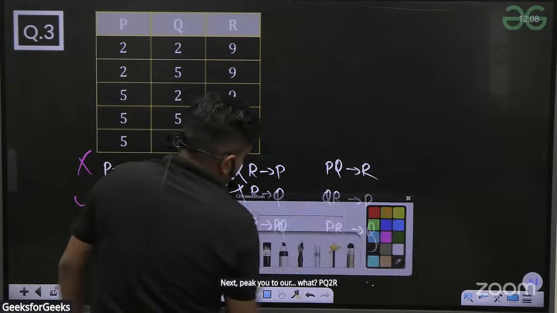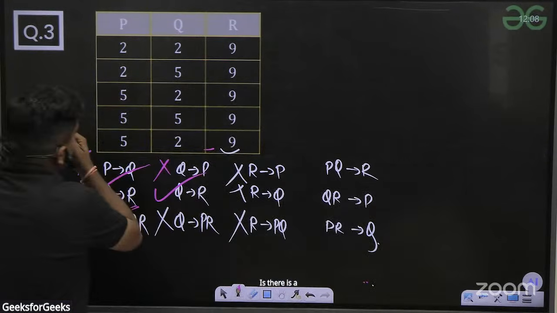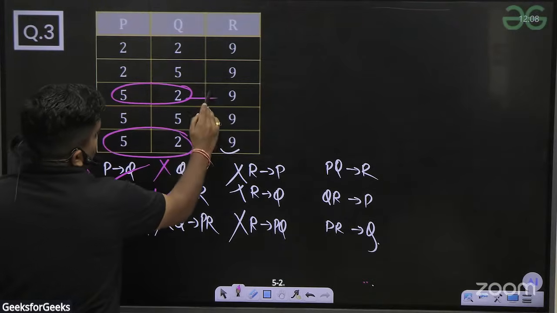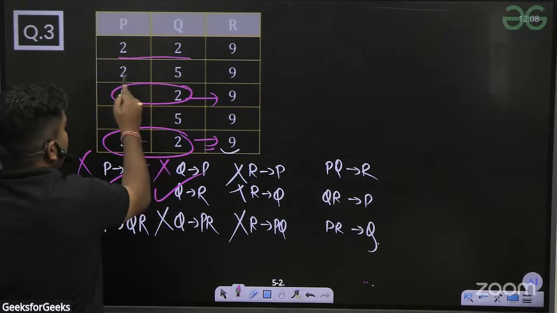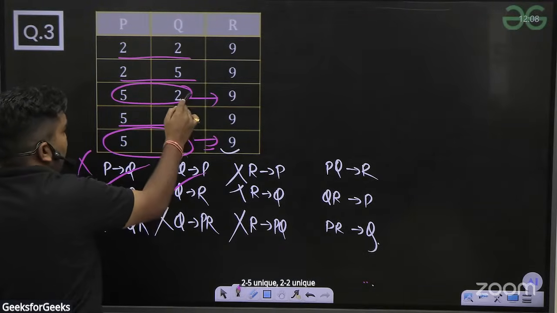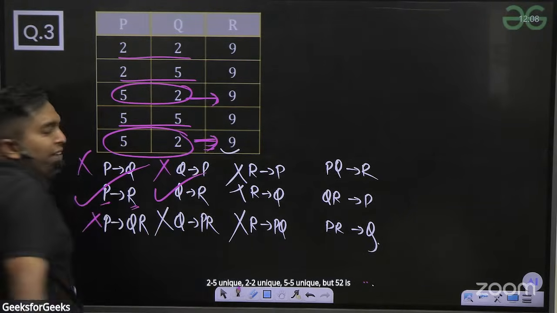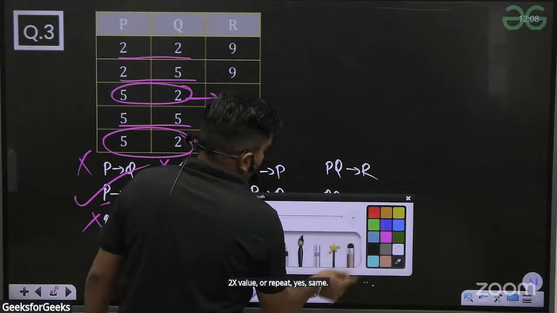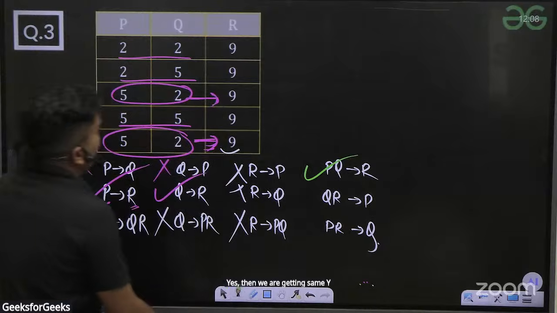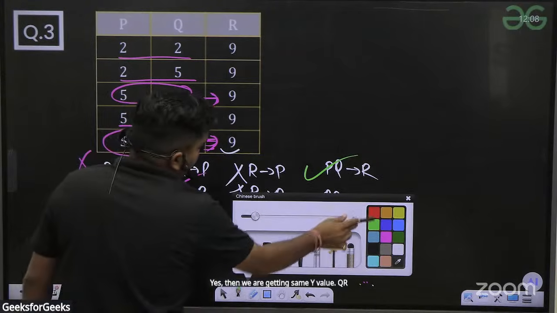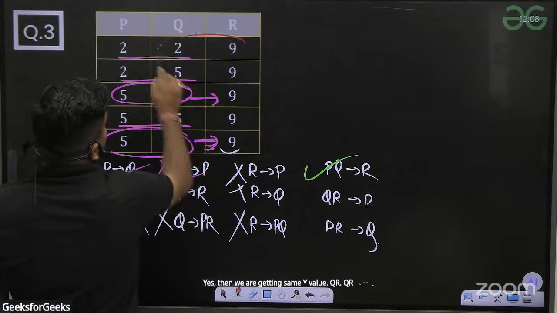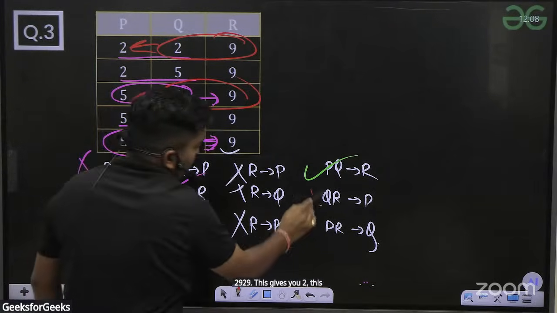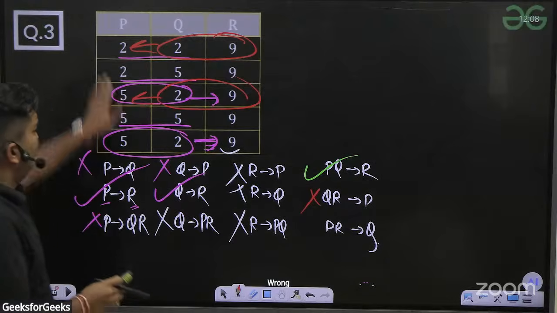Next, PQ2R. Are there two same values of PQ? 2, 5 unique, 2, 2 unique, 5, 5 unique. No repeated PQ values, so we are getting the same R value. Yes. QR: 2, 9 and 2, 9 give 2 and 2, 9 gives wrong.